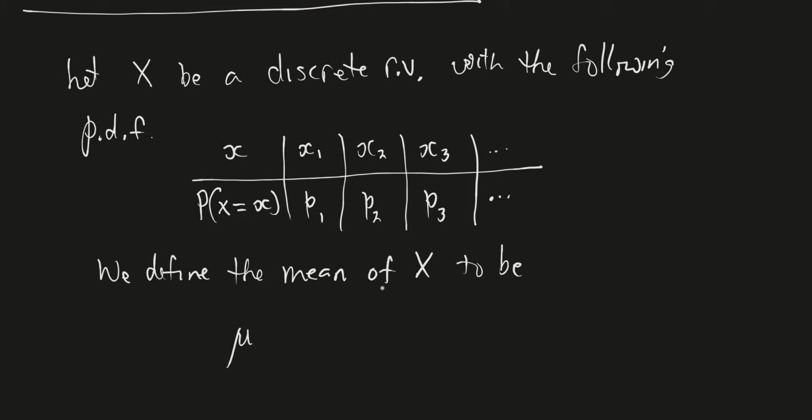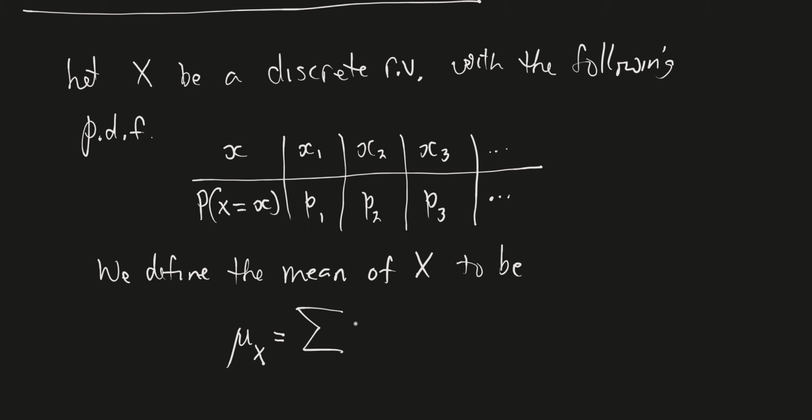And sometimes you put the name of the random variable as a subscript, in case there's any kind of ambiguity. So you would say the mean of x, and this is how it's defined. And it's a sum. And what are you summing up? Well, you take each possible value of x, multiply it by its associated probability. So you multiply each of these pairs and then add them up.